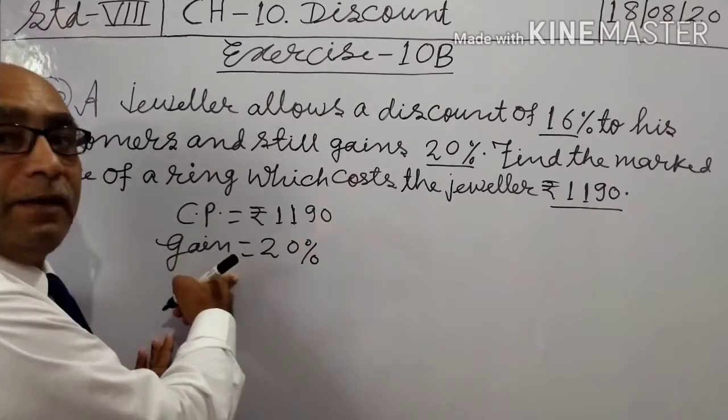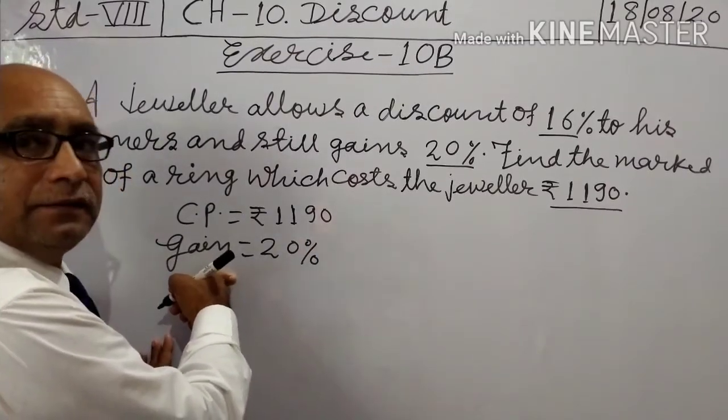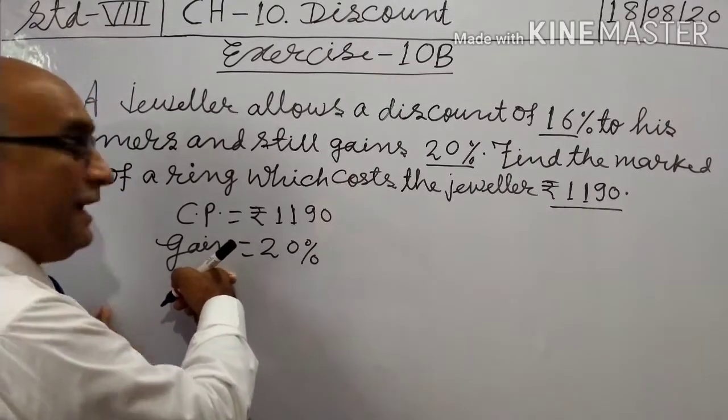When CP and gain percent is given, then we can find SP.